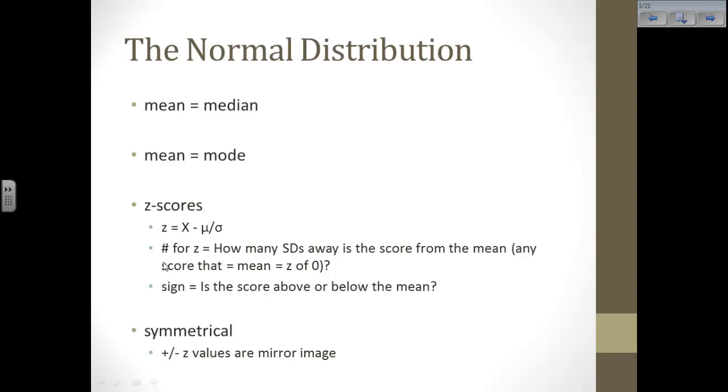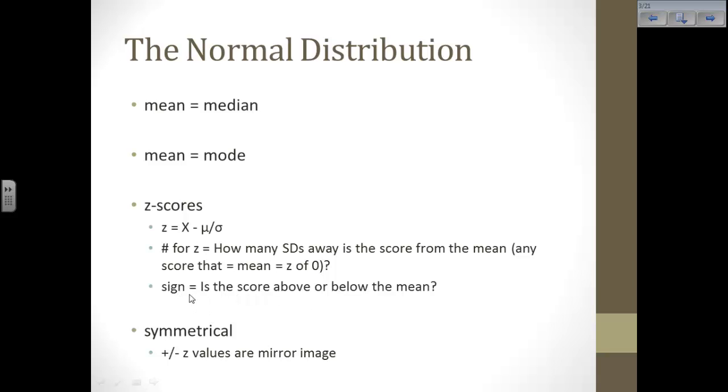So that's only one piece of information that the z-score tells you, in that it tells you how many standard deviations away a particular x value is from the mean. But it's also important to know, is that x value above or below the mean? So that's what the sign tells you.